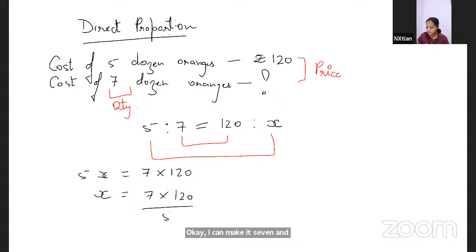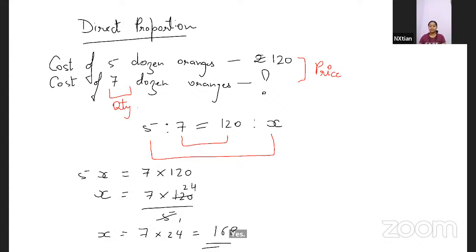Now we cancel 5 ones are 5, 5 twenty-fours are 120, so x equals 7 into 24, which is 168. Oh, I didn't see the 5 dozen oranges. I thought the cost of 5 oranges is 120. That's why it's not matching.